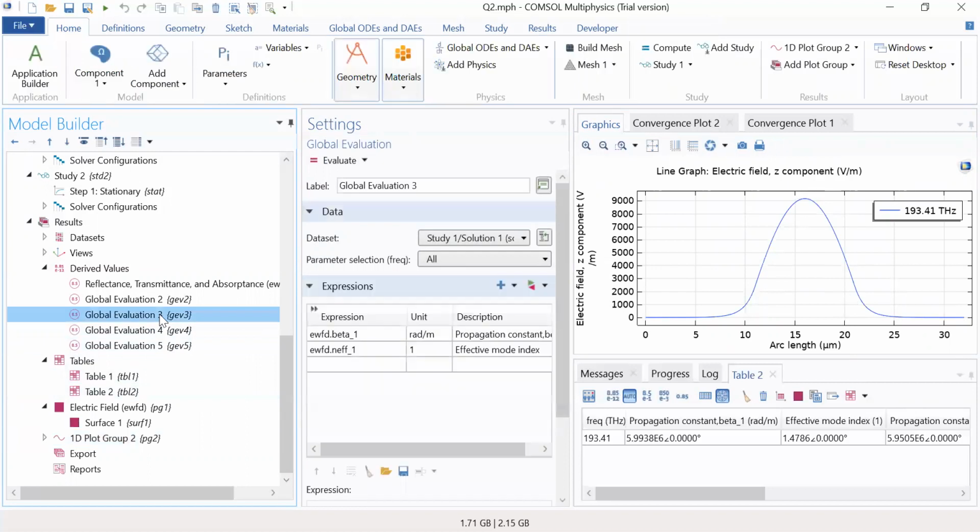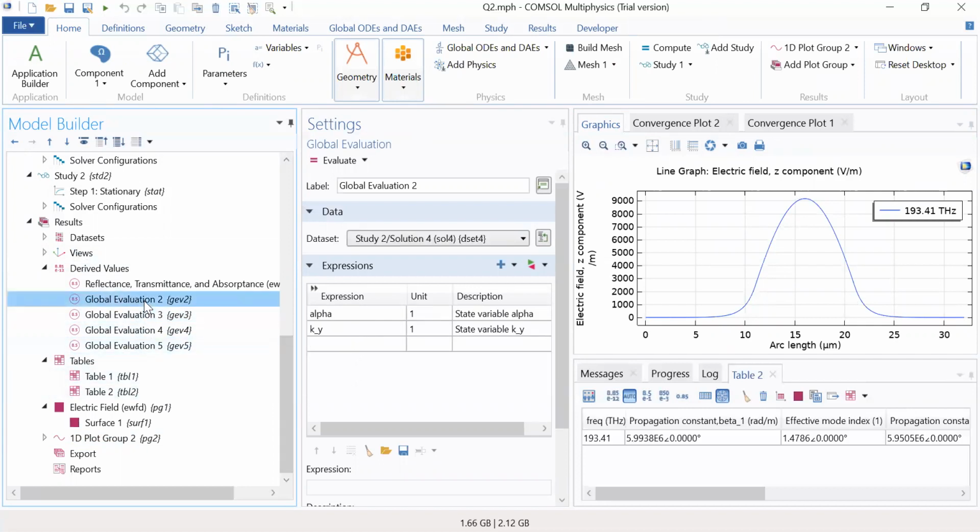Now we need to calculate the values. In the global evaluation, these are the columns in which different parameters of the Maxwell equation, as we solved in the class, will fall. In global equation 3, I put this beta 1 and the effective index, in which I am interested.